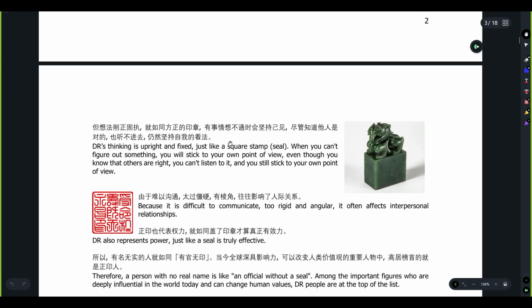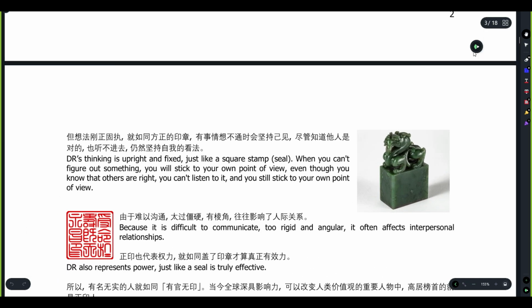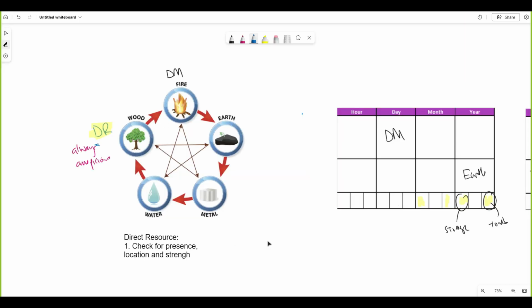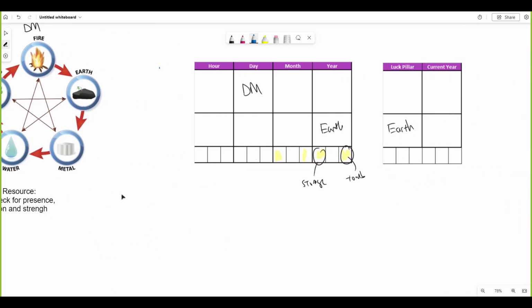So what do we mean by direct resource? Direct resource also means actual power. Therefore, direct resource represents the seal. The Chinese translation of direct resource is Zheng Yin, which is direct seal. It represents the seal of the emperor or the official power. Each of these elements has a different philosophy in it. When we dealt with seven killings, seven killings believes that power is might.